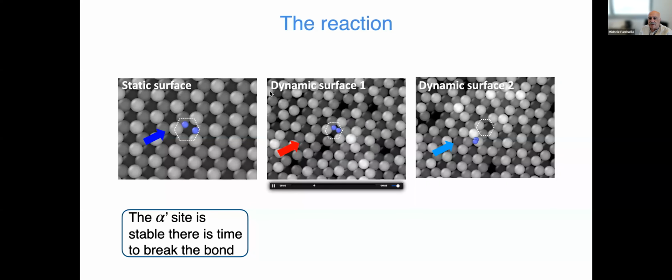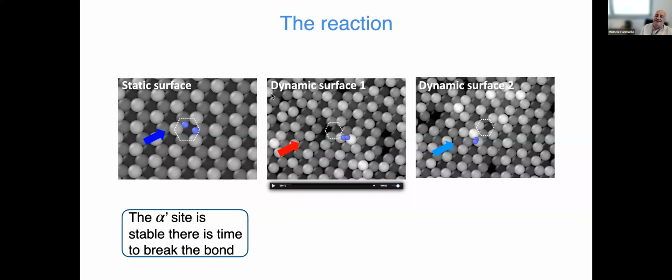Now let's do the mobile surface. You see, things come and go. That's what happens. At a certain point, the C7 site is no longer there, and before the molecule breaks, it has gone. And then we go. There is a beta. Okay, now.